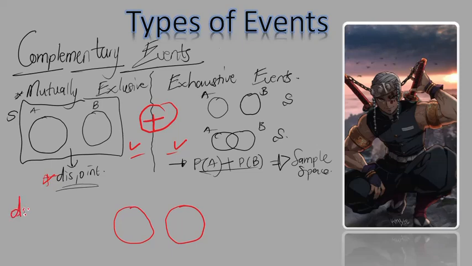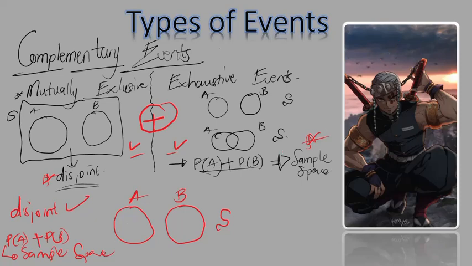They are disjoint, right? That's one special character we took from here. Number two, we take a special character here, whereby we are saying there's no sample space whereby the probability of A plus the probability of B gives you the whole sample space. We all get that, right?